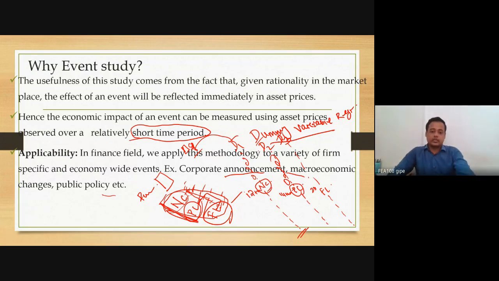Okay, one is event study. Sorry, dummy variable is applied to measure the long-term impact of an event. Now, when you are creating different dummies, suppose you are getting one over here, but you are also getting one over here. It may happen that this is impacted, or this is impacted, or this is impacted.